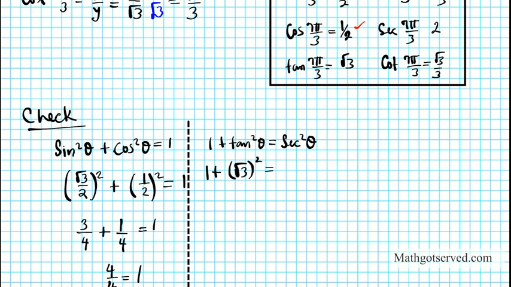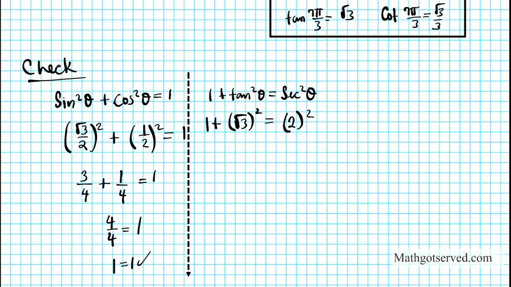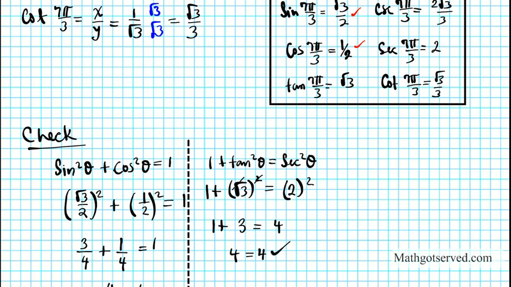Is it equal to secant, which is 2? Forgot my equal sign. So is it equal to 2 squared? Is this a true statement? Well, let's work it out and see. So 1 plus, square root and squares are inverse operations, so they neutralize each other. 1 plus 3, is it equal to 2 squared, which is 4? 1 plus 3 is 4. Is 4 equal to 4? Absolutely. So tan and secant are correct.